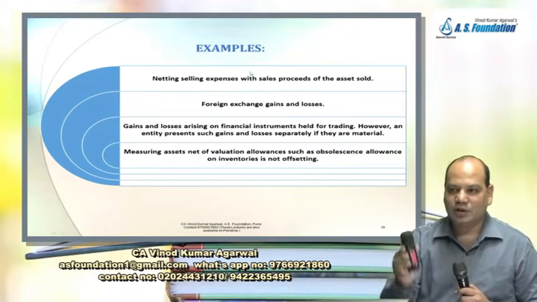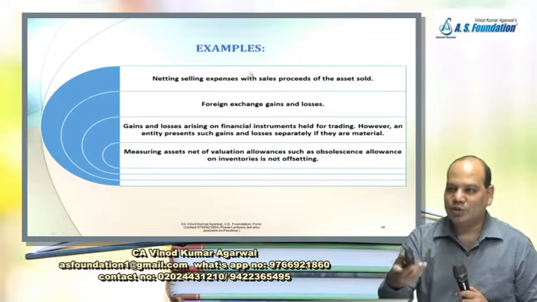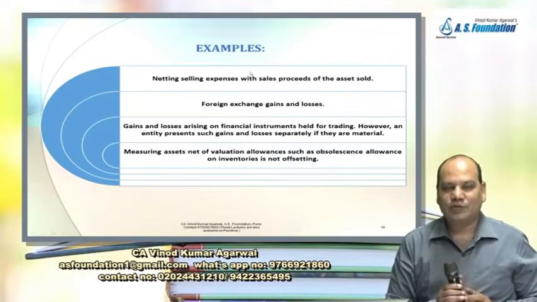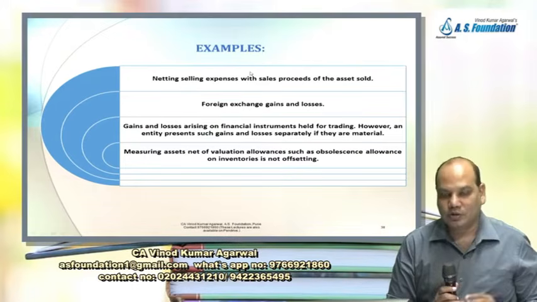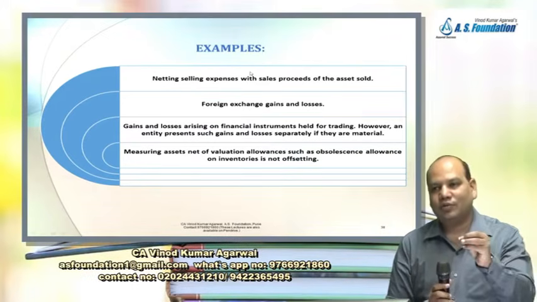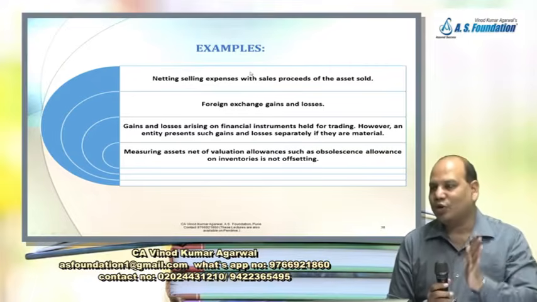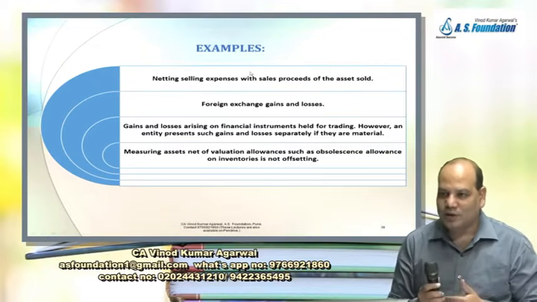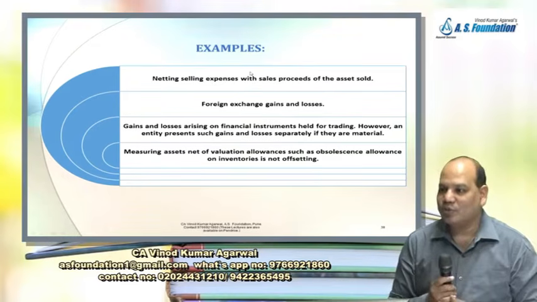Suppose you sold this mobile phone for say 30,000 and you incur 2,000 rupees brokerage. How will you present this information in the statement of profit and loss? Will you write sale value and cost and brokerage all separately, or can you just net off and a single amount of profit or loss will be written?